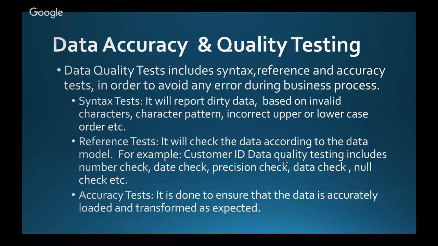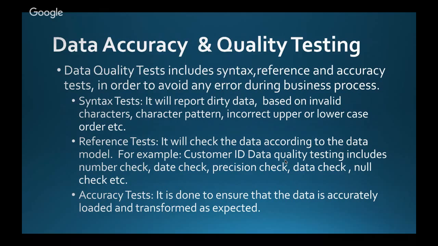Data quality tests include syntax, reference, and accuracy tests in order to avoid any error during the business process. When I say business process, I mean the final output, the final reports, analytics, and business information to be generated. They should be accurate as per the actual business taking place, and this will happen if your data quality and accuracy are of high standard.